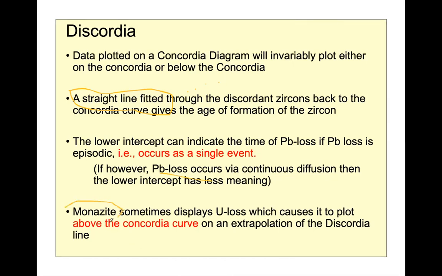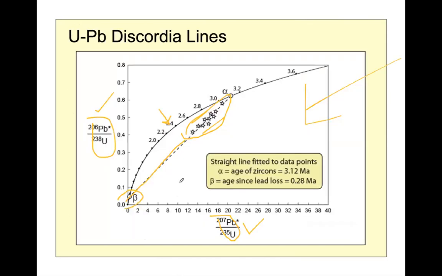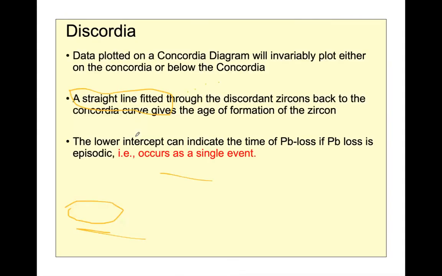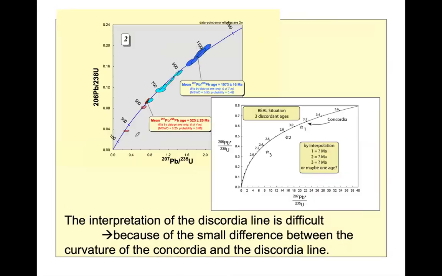Some analyses which you do on monazite might give some points above the Concordia line. As I said before, some points might be plotting here, right? That is possible, especially when you deal with monazites, not zircons, but in zircons you very rarely see it.